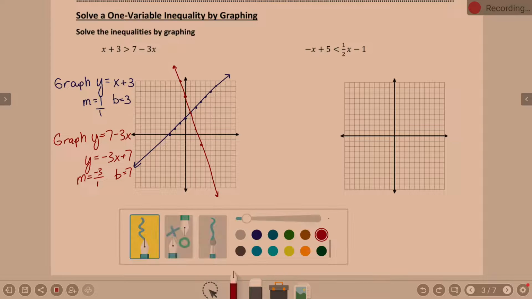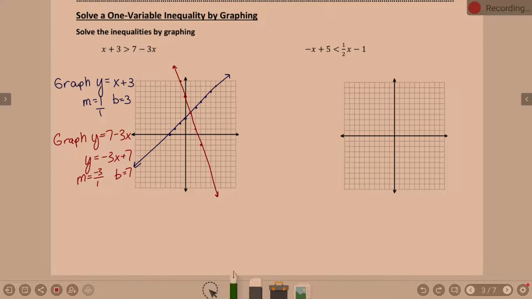we have to think about this question differently. The question we are asking is, when is x plus 3 greater than 7 minus 3x? So I'm going to put that in words down here so you know when you look back later what you're asking.